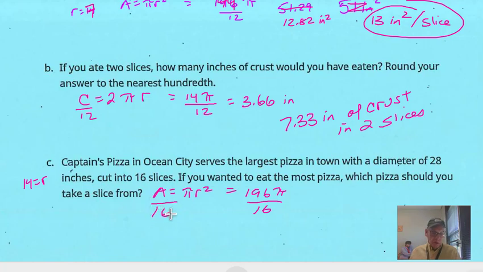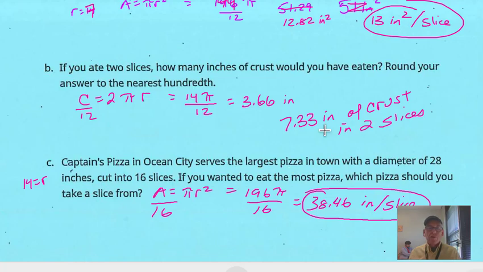So let's see what we get. 196 times 3.14 divided by 16 is about 38.46. So there's 38.46 square inches per slice for the pizza from Captain's Pizza in Ocean City versus 13 square inches a slice for a 14-inch pizza.